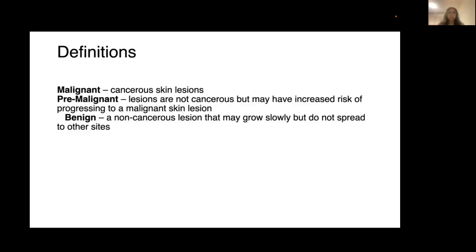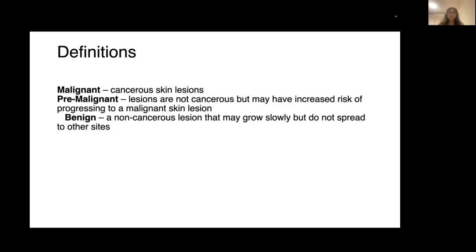So just some definitions before we go into the different types of skin lesions, just to make sure we're clear as to what they mean. When we're referring to a malignant lesion, this basically is referring to a cancerous skin lesion, whereas if it's pre-malignant, it's not at the point where it's cancerous yet, but it has an increased risk of progressing to a malignant skin lesion.